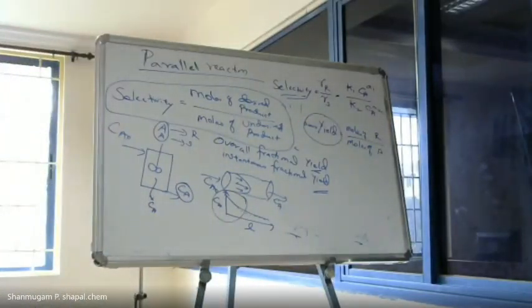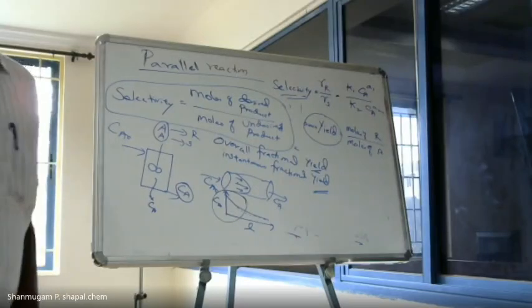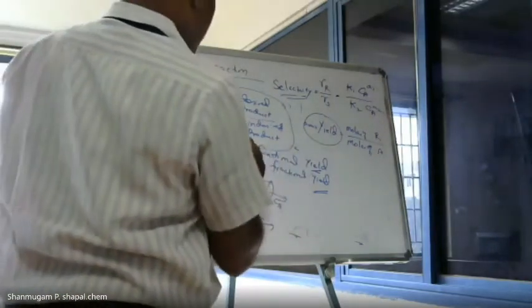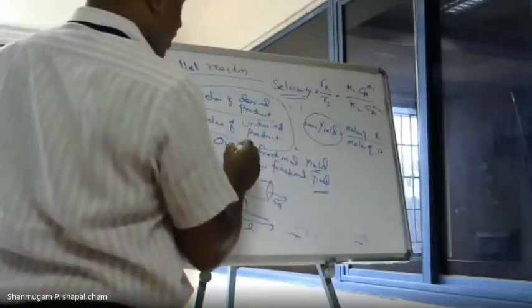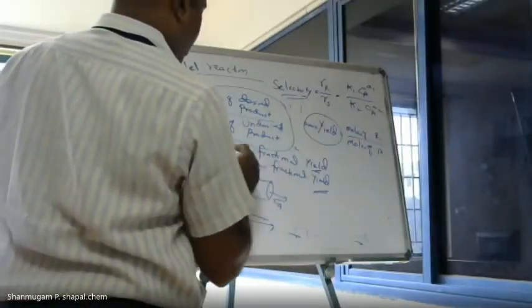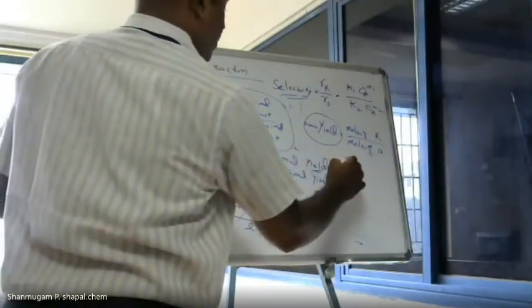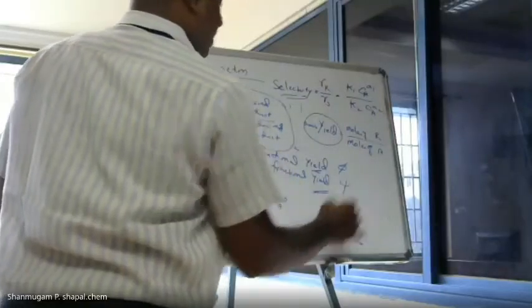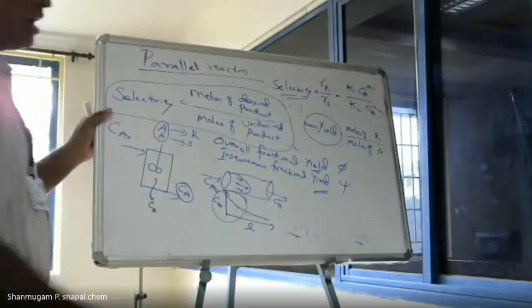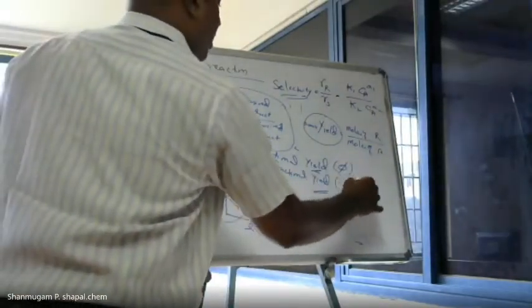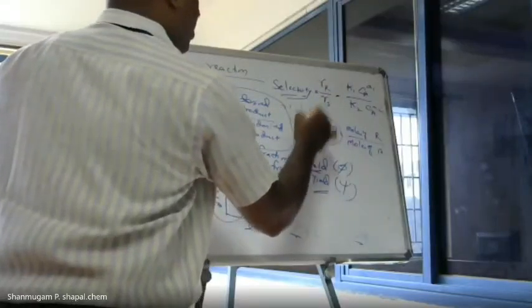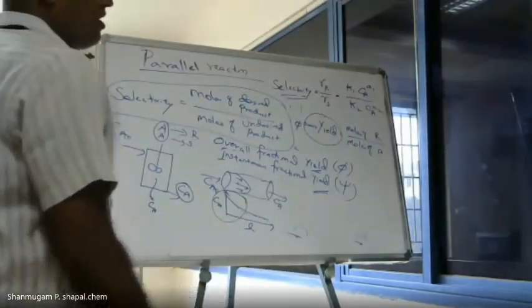So this is how you used to calculate it. But here, if you take two different things, one is an overall fractional yield and another is an instantaneous fractional yield. We say this is phi and this is psi. You consider phi here and then psi here. And what is psi?